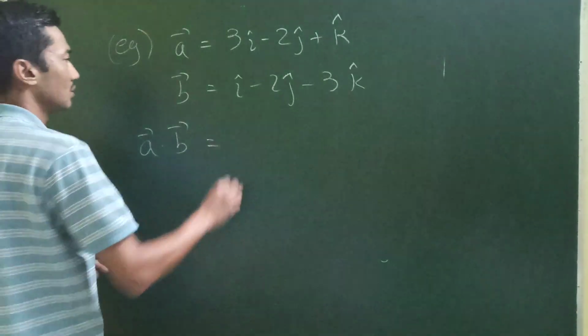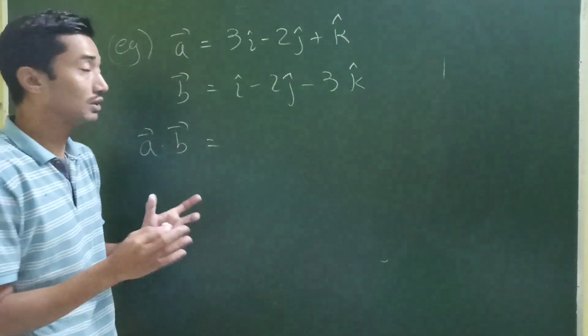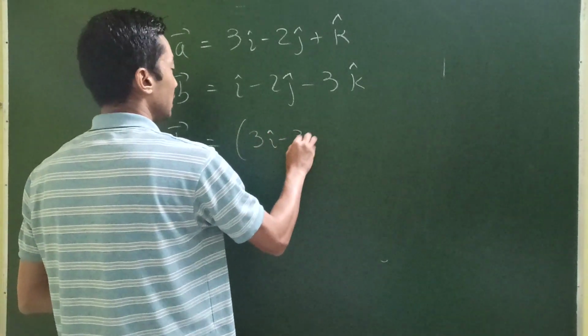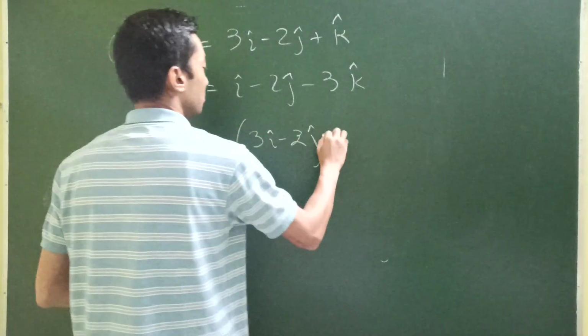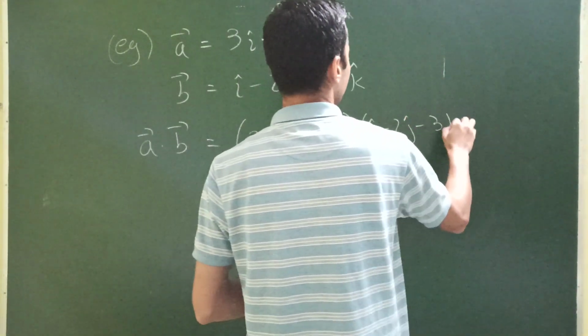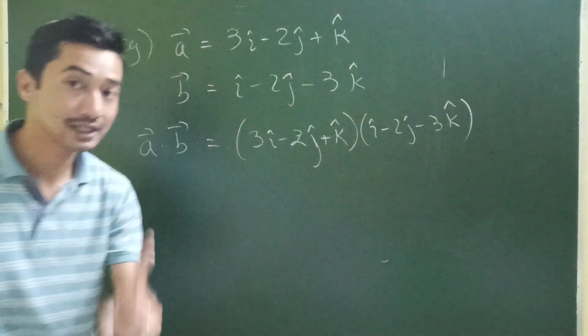Now here we will not go for the cos theta formula, because we don't have the angle between the two vectors. So simply direct multiplication. Listen carefully.